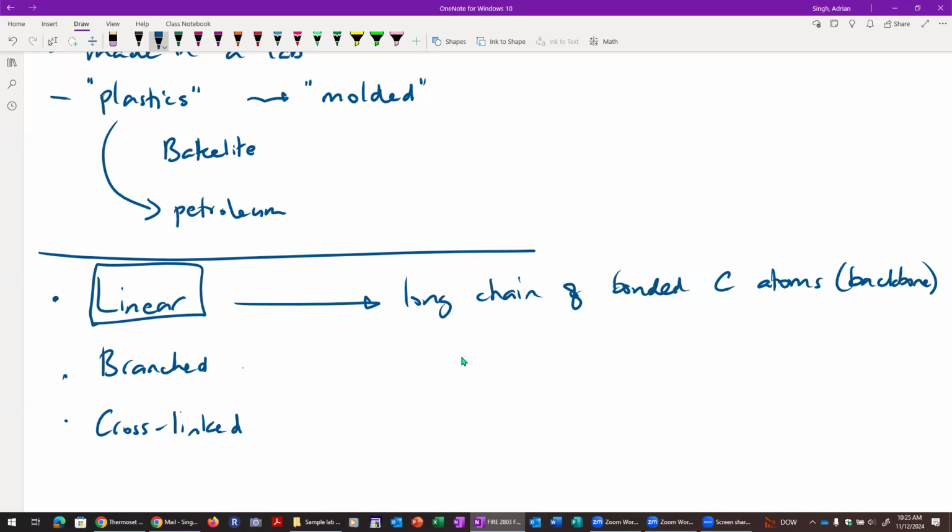A branched polymer is one that has branches in it, as the name suggests. So branches come off of the backbone. You may have a long backbone, and periodically along that backbone, you have different branches associated with it.